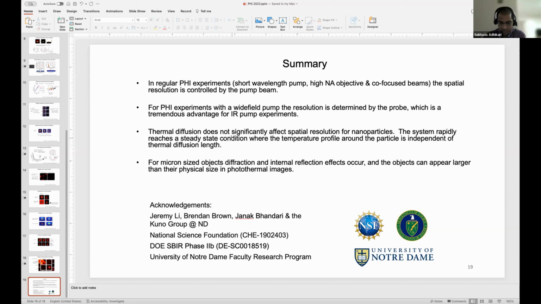Yeah, I think it's nice to see how this micron size particle behaves differently than a nano size particle in terms of spatial resolution. I had a similar thing in mind, to not only do the simulations but to do the experiment also.